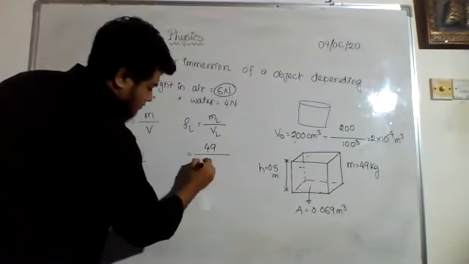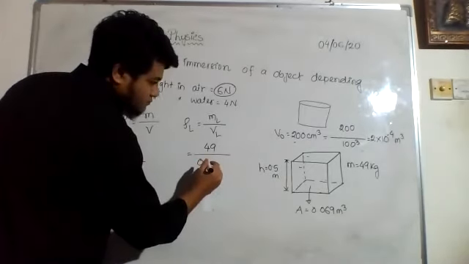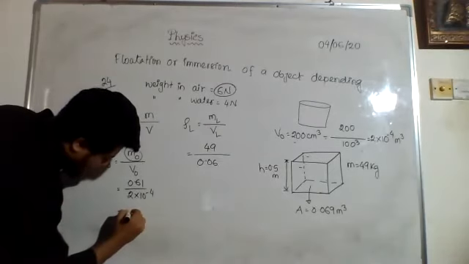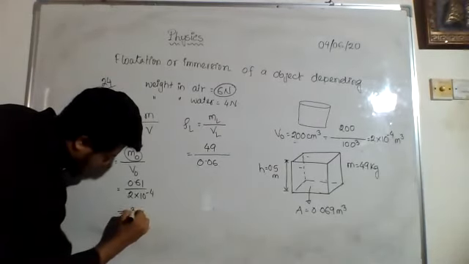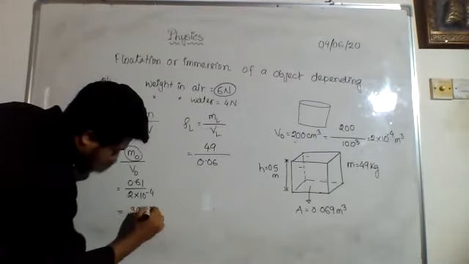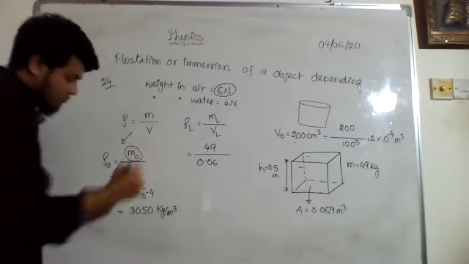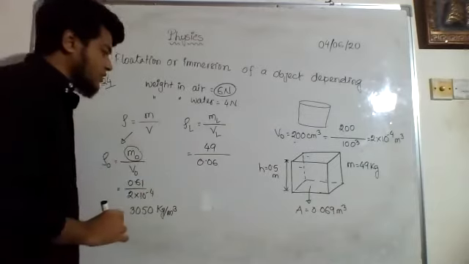Sir, 3050. 3050. This is the density in kilogram per meter cube. Okay, fine.